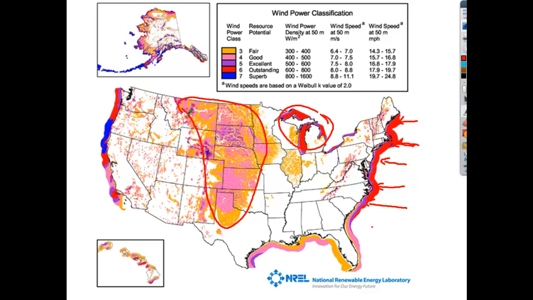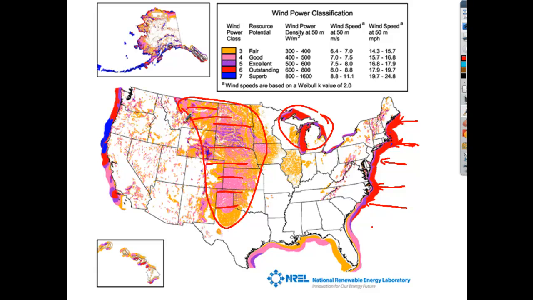And it's in an area where there are very few people. The population in this area is much smaller. Therefore, the NIMBY syndrome, not in my backyard, doesn't play in as much as it would along the East Coast of the United States. So, although the East Coast of the United States is outstanding and superb for wind, we also have that potential in the center of the country.